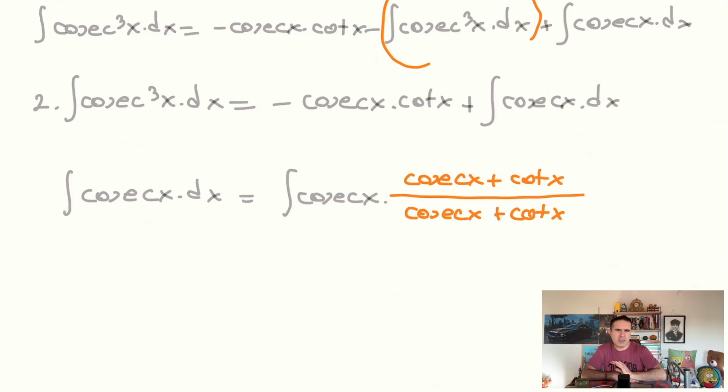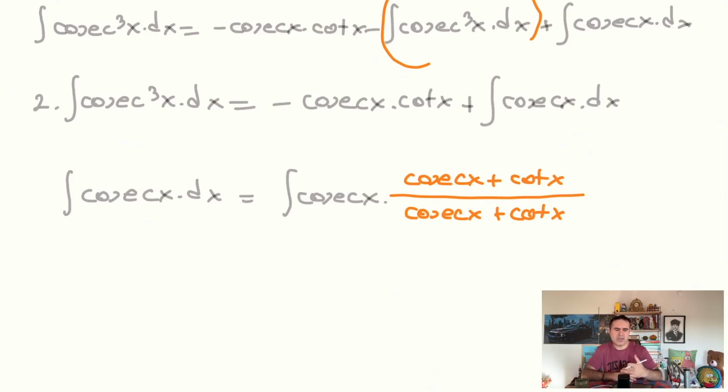Actually, the integral of cosecant x, cosecant square of x, and cosecant cube x, these three integrals are really important, and also the integrals of secant x, secant square of x, and secant cube x.